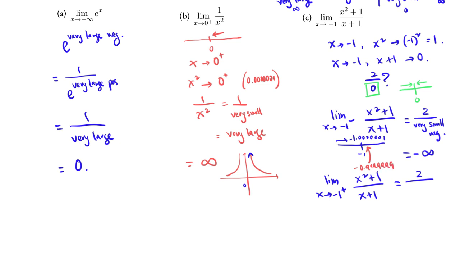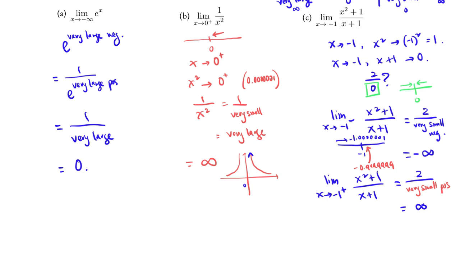And if we take this -0.9999999 and add 1, we end up with a very small number, almost 0, but it is positive. And so 2 over a very small positive number is a very big number, but this time it is positive.